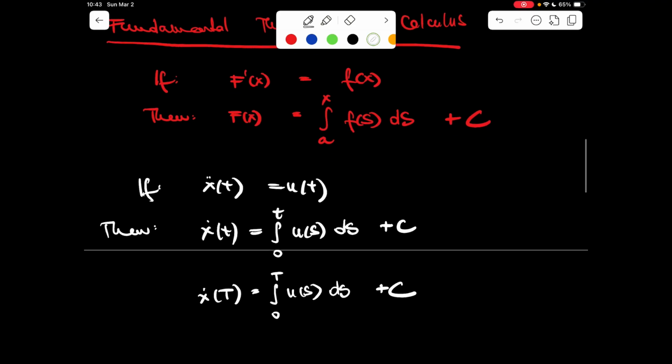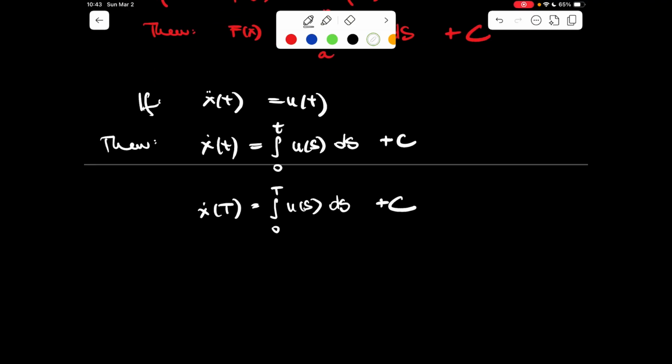And now we can start using the boundary conditions. So first, at the end of the mission, we must be in a state of rest.